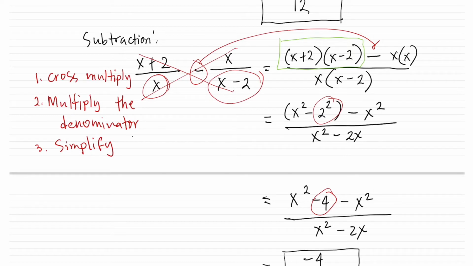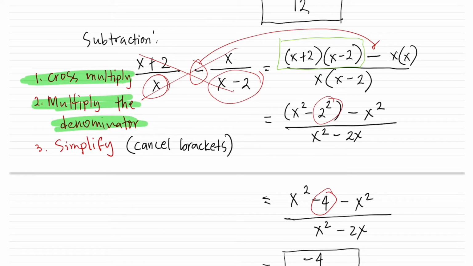When we simplify, it means cancel brackets. So again guys, remember these rules. When we do addition and subtraction, first we cross multiply, second multiply the denominator, third is to simplify so that you cancel brackets.